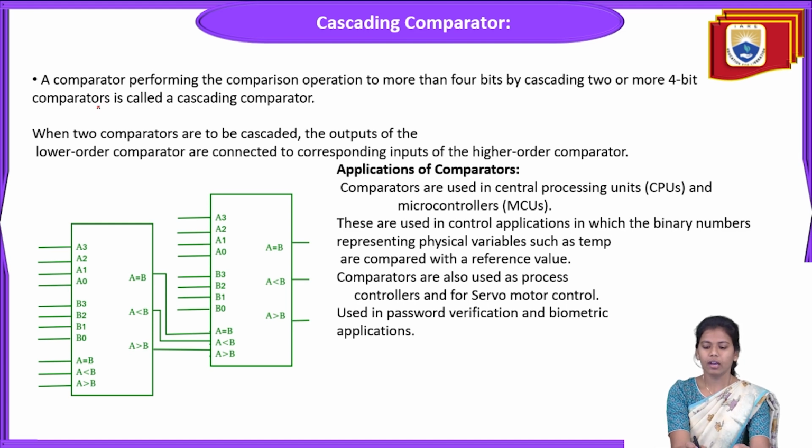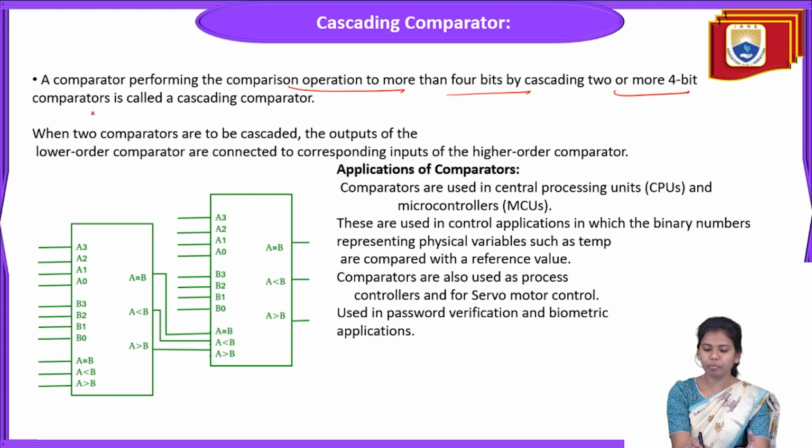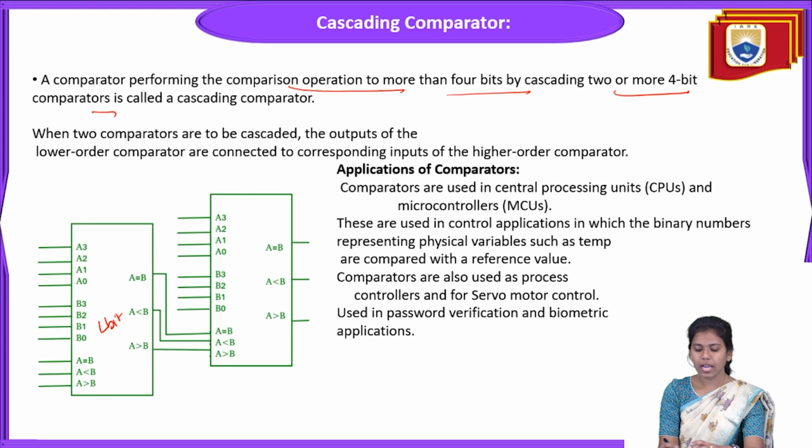Here, a comparator that performs a comparison operation for more than 4 bits by cascading 2 or more 4-bit comparators is called a cascading comparator. This is a 4-bit magnitude comparator, and I am cascading it with another 4-bit comparator.